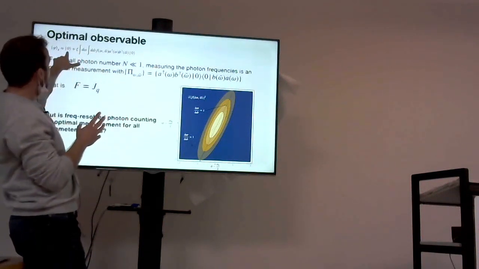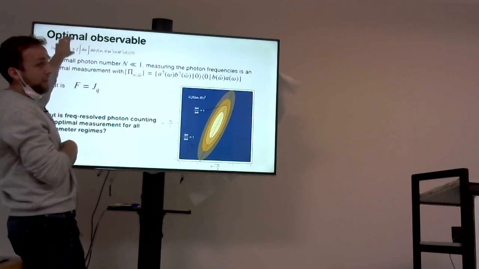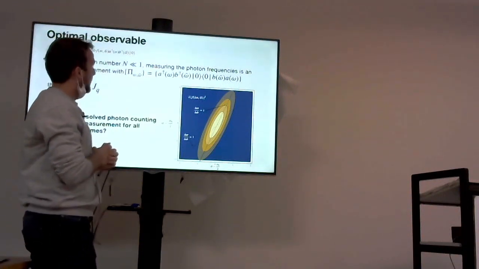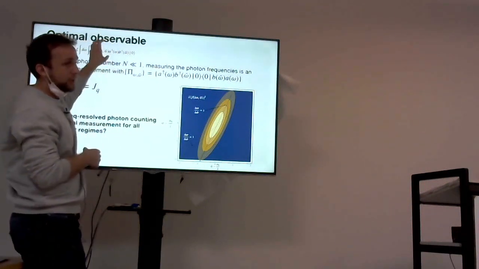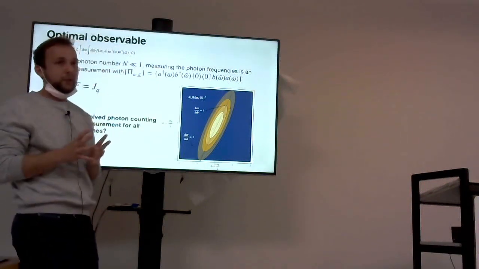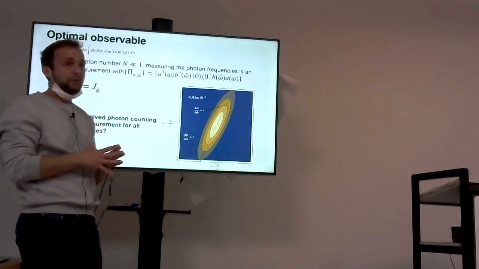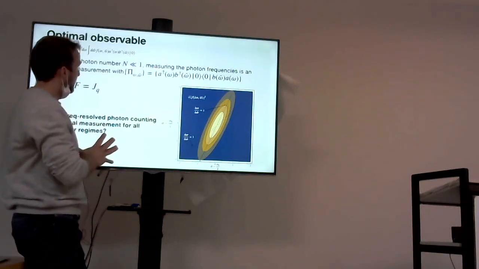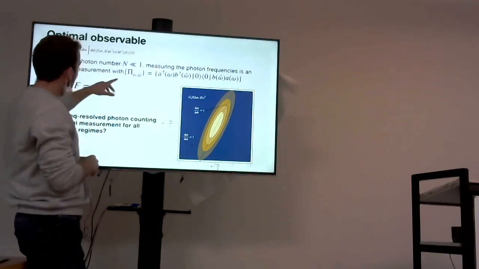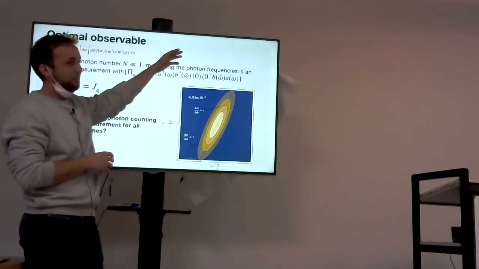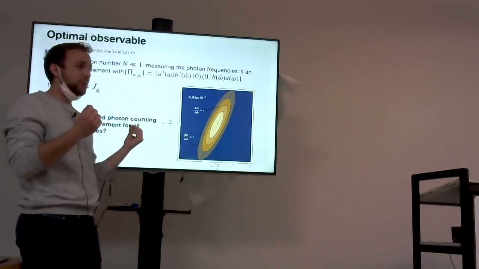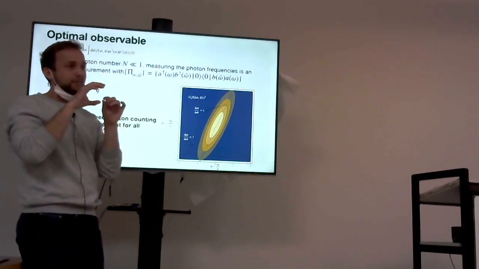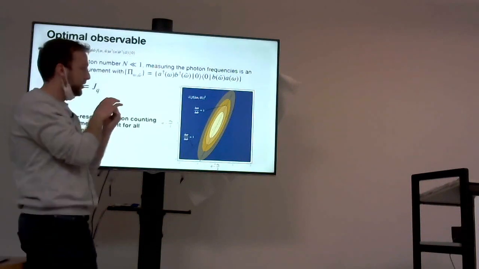So the state can be approximated just as the vacuum plus this 2-photon state. And because the structure is so simple, we can easily calculate the Fisher information for a given measurement. And we decided to look at the measurement of the photon frequencies. So the photons are detected and the frequencies of those photons are also detected.